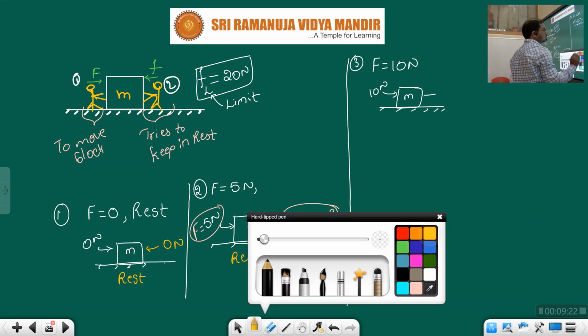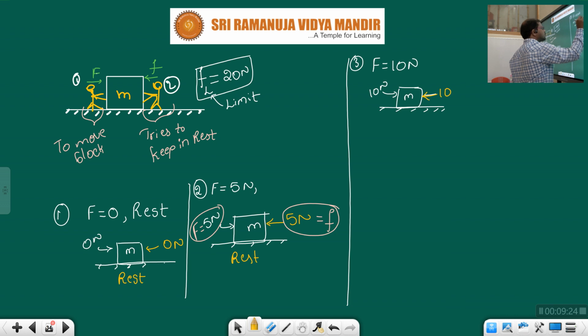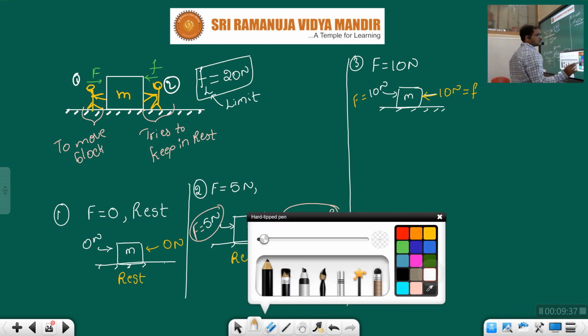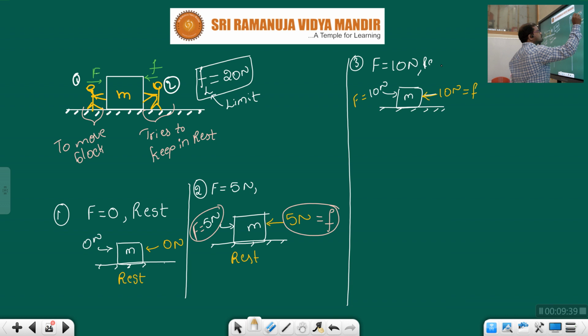How much force will he apply in order to make it rest? 10 newtons only. Okay, this one is small f, this one is capital F, children. This should be in rest. For that, the other person is also applying 10 newtons of force.